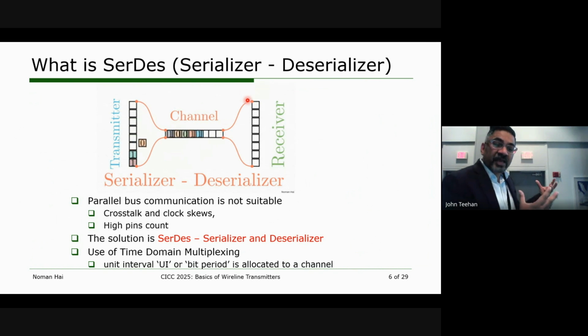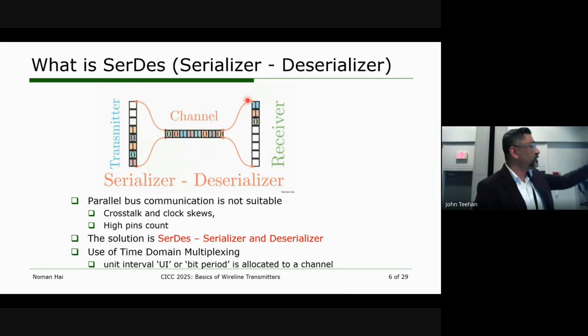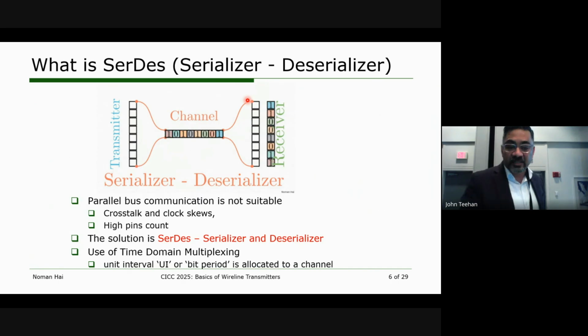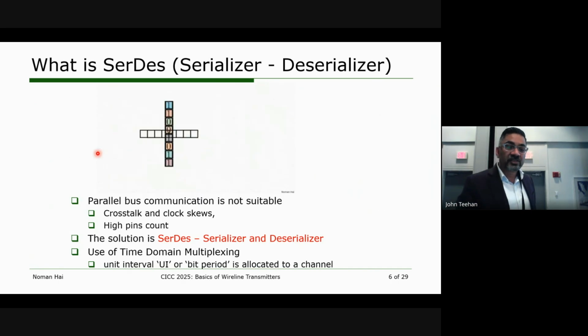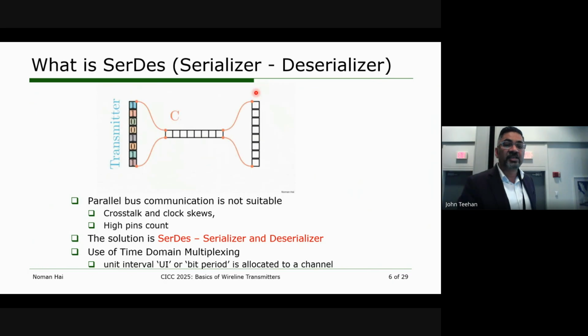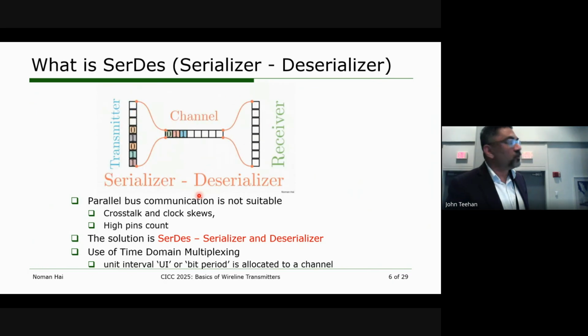In terms of the analogy, rather than having all the data go directly, we go through a channel one at a time, reach the receiver, and at the receiver we can take that parallel data and make it work for us. This solution we call SerDes for short, or serializer and deserializer. We're serializing at the transmitter side and deserializing at the receiver side, and we use time-division multiplexing, so we're using time to multiplex the data.